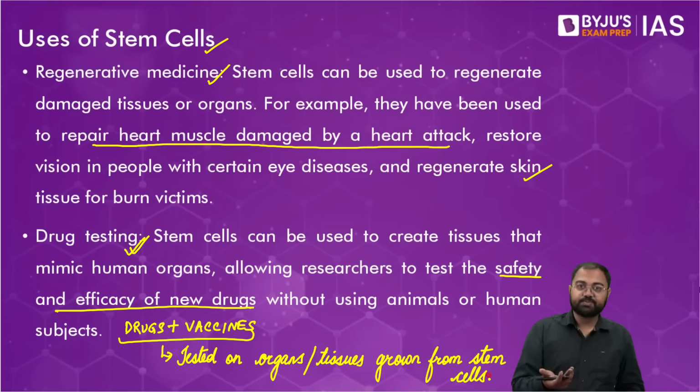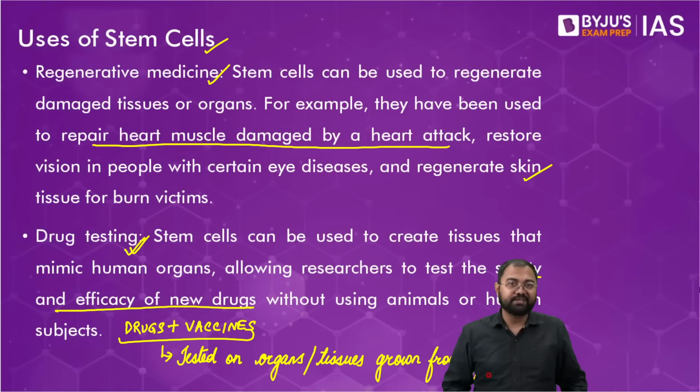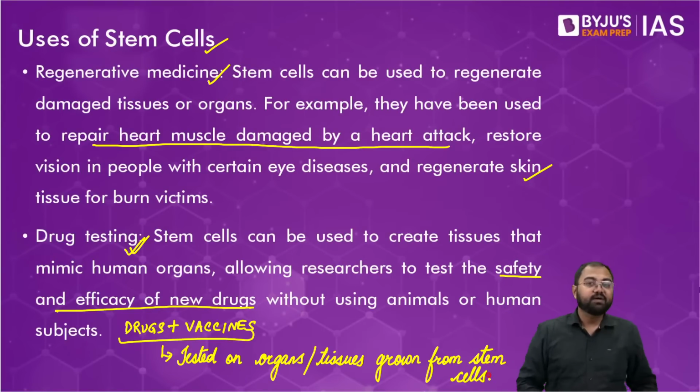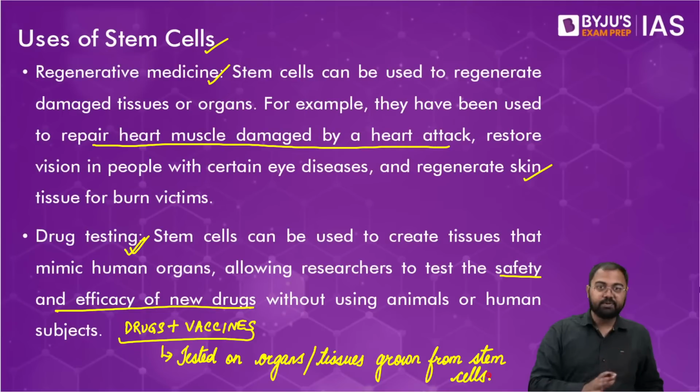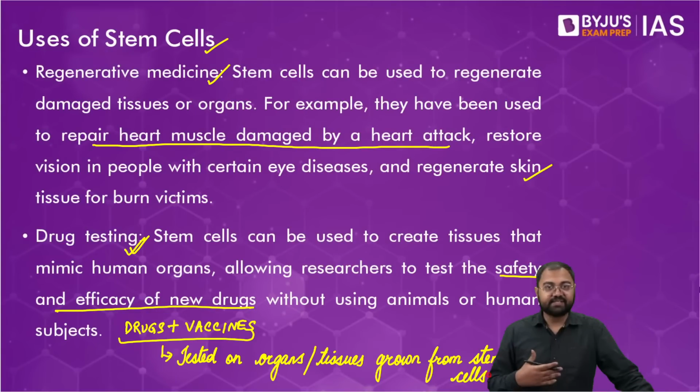How is this artificial lung responding? If it is responding well and there are no side effects or harmful effects, then we can use the same on people also. So that's why it makes the use of these drugs and new vaccines much safer.